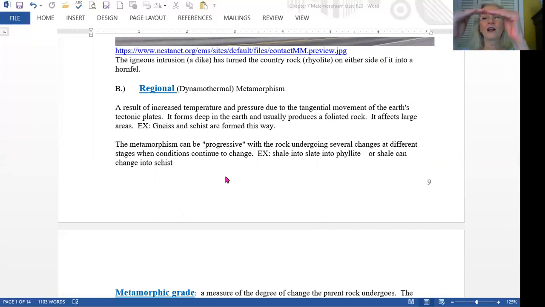Typically what you'll find is if you've got two tectonic plates rubbing together, right next to the plate boundary, you'll find the greatest change in the rock. And as you move away from it, the changes become less noticeable until you finally get far enough away you can't see change at all. So there's a progressive change as you move away from the boundary.